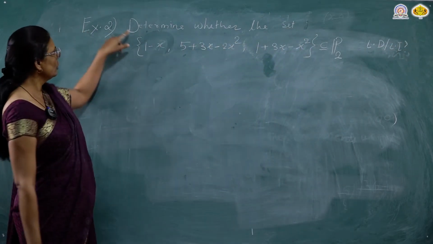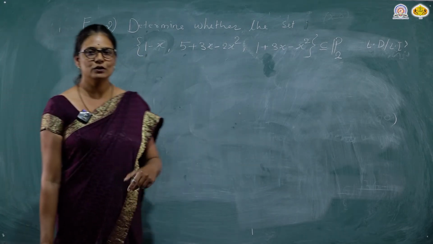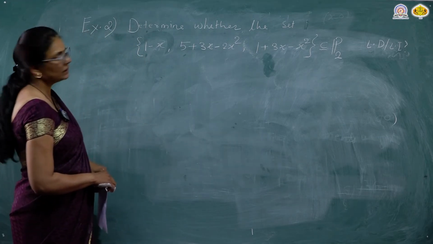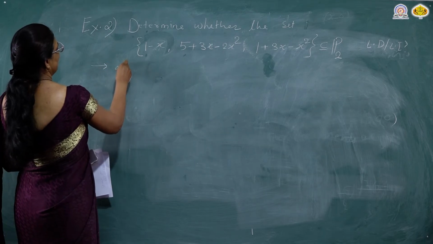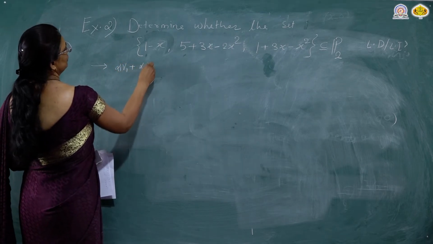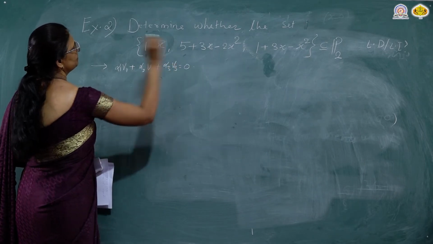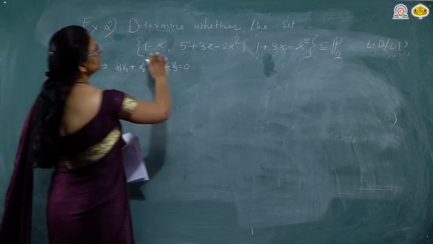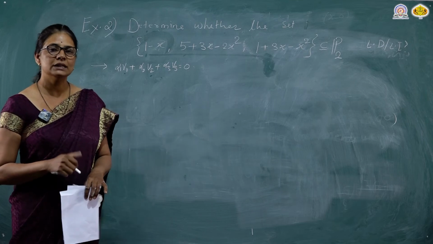Okay, so we determine whether the given set is linearly independent or linearly dependent. So again consider the equation alpha 1 v1 plus alpha 2 v2 plus alpha 3 v3 equals 0. Here v1, v2, v3 are nothing but these 3 vectors from the given set, and alpha 1, alpha 2, alpha 3 are the scalars.